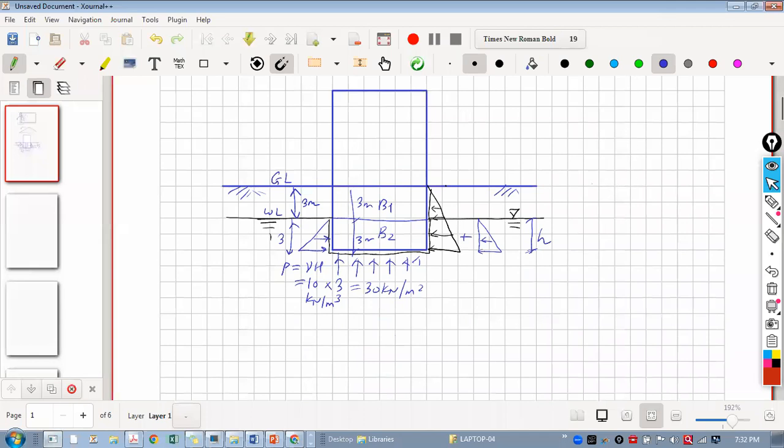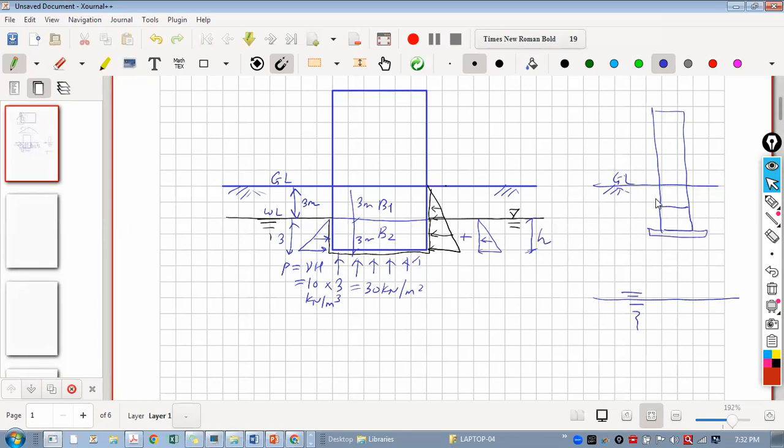Let's say there is a building. Let me draw here. If there is a building, and let's say we have a basement here also, same problem. But in this case, I don't have any water table. Let's say the water table is quite below this building level, foundation level.